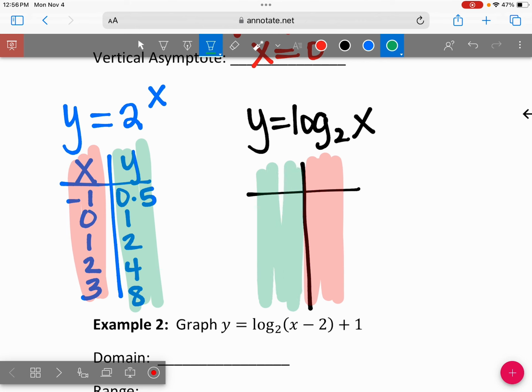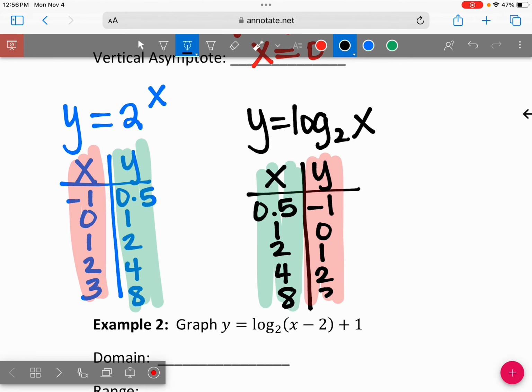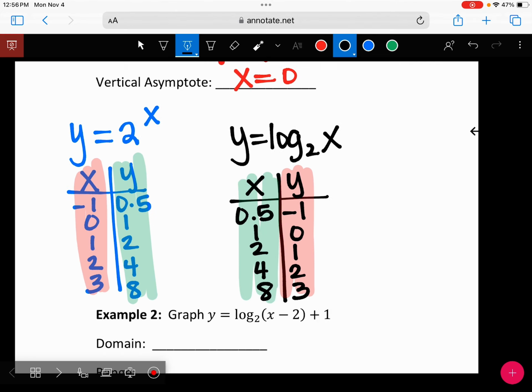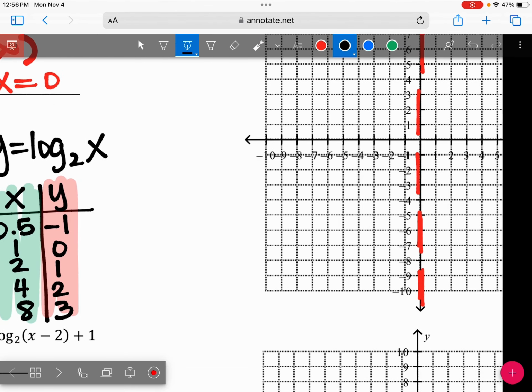So I'm flipping my table and then I'm going to graph it. So my new x values will be 0.5, 1, 2, 4, and 8. And my y values become -1, 0, 1, 2, and 3. So let's go ahead and graph these 5 points.